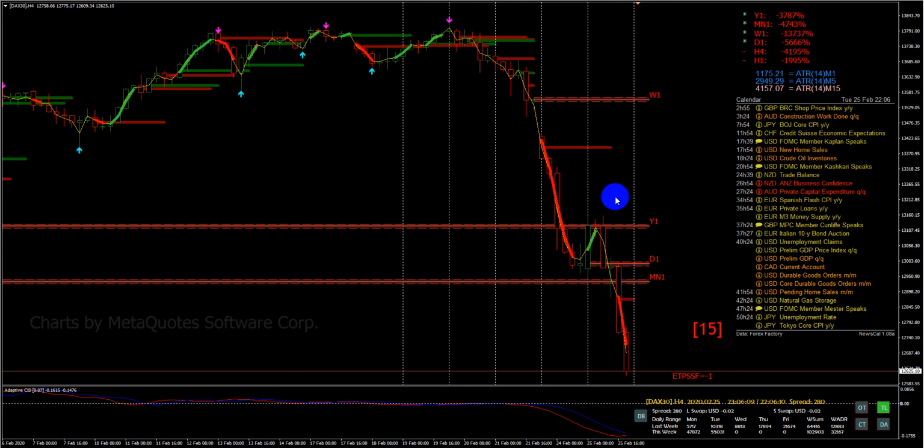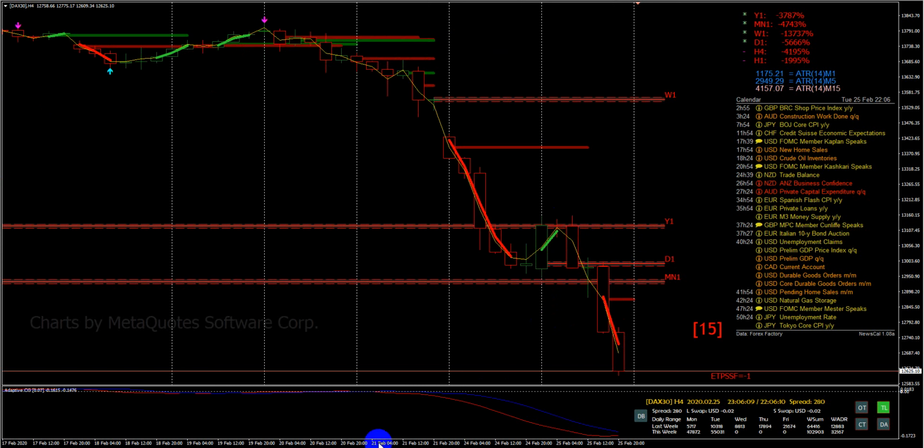So basically, somebody must have had some kind of an interest here, and that's why they pushed the price up. However, as we can see, the market actually defended this level again, and started going back down.